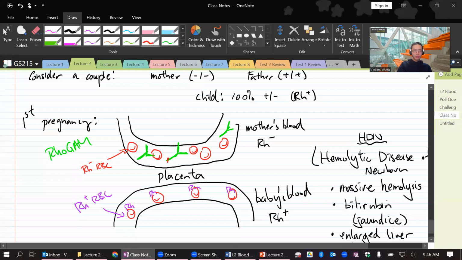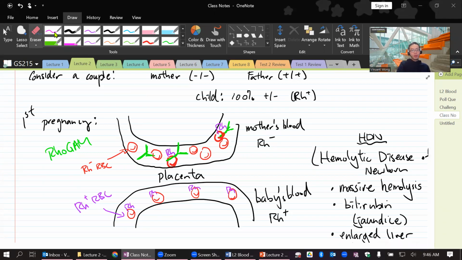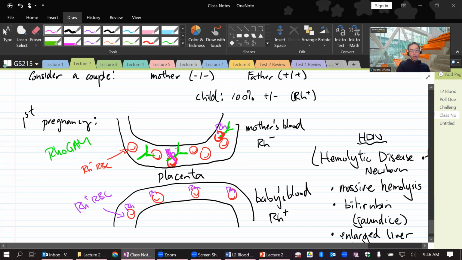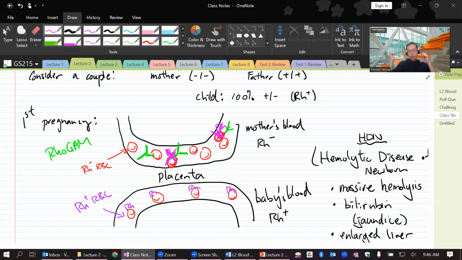So I'm going to draw a baby blood cell here, baby blood cell here. But now, because the mother has the RhoGAM antibodies, the RhoGAM antibodies will actually destroy all these positive cells that are coming in from the baby. It will destroy them before the mother's immune system is triggered.